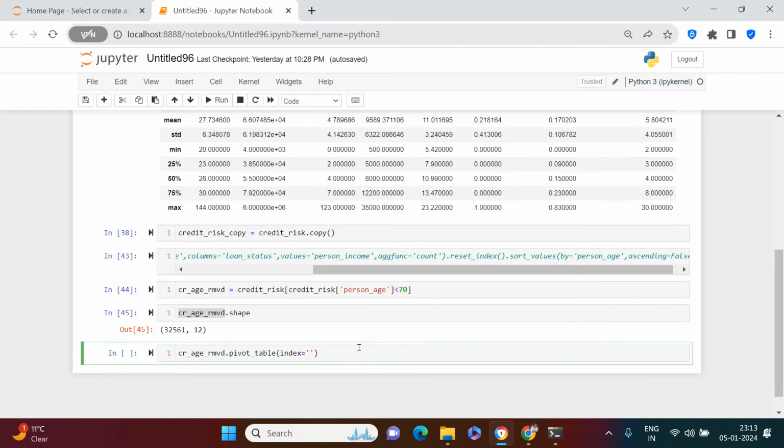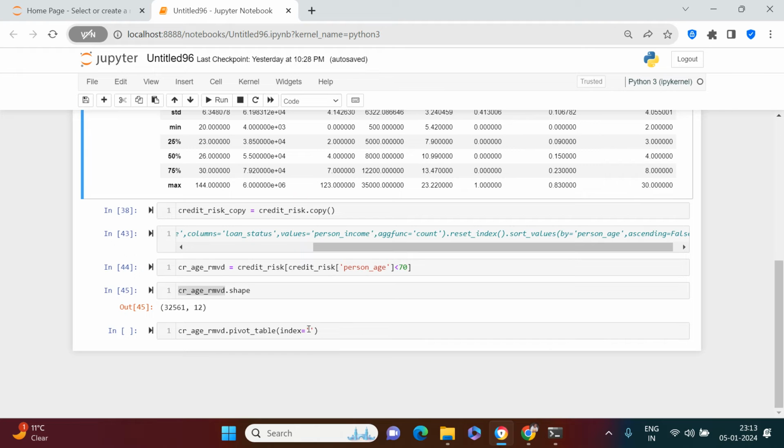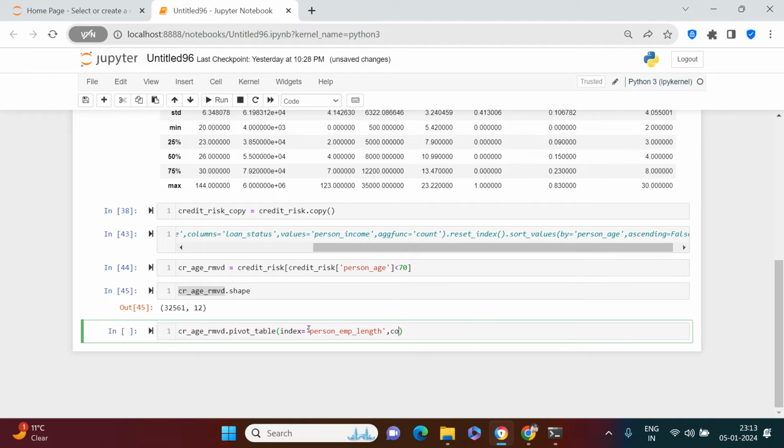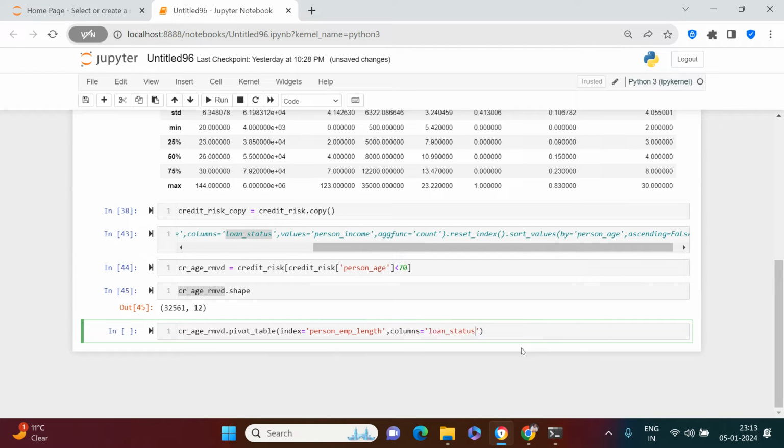Okay, over here, next thing which I am going to do is person employment length. Let's see what we have, and in columns again I'm going to consider the loan status, whether it was default or non-default.